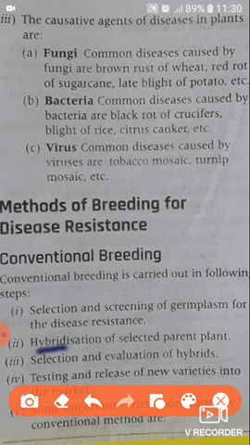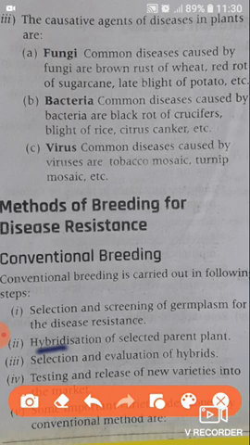For example, in wheat, Himgiri is a variety which is resistant to diseases of leaf and stripe rust and hill bunt. Himgiri is resistant to leaf and stripe rust and hill bunt. As well as Brassica, that is mustard, Pusa Swarnim, a variety, and Karan Rai, which are resistant to white rust.